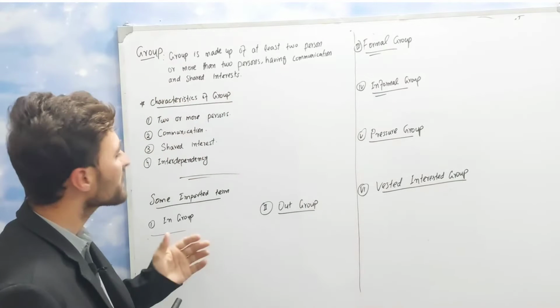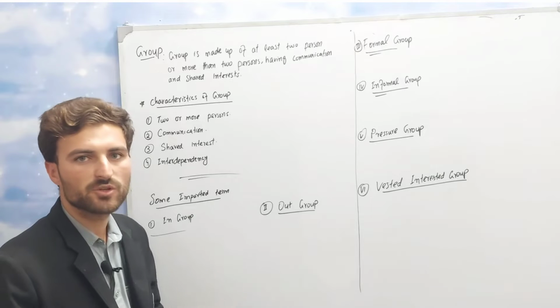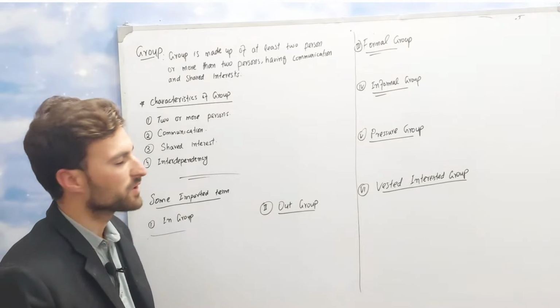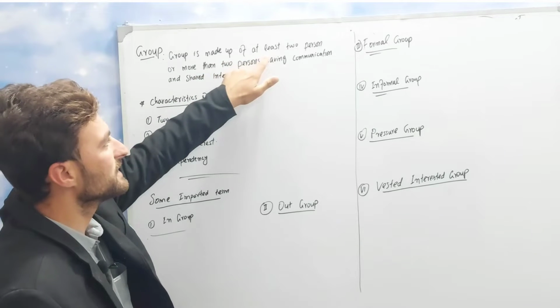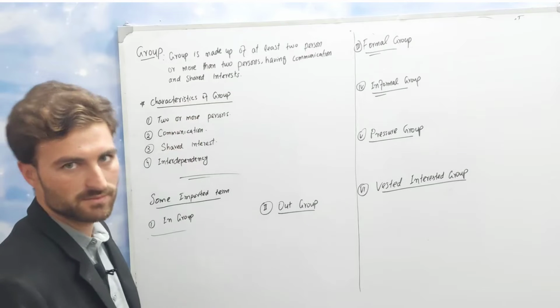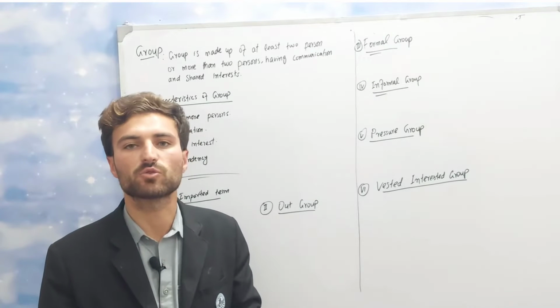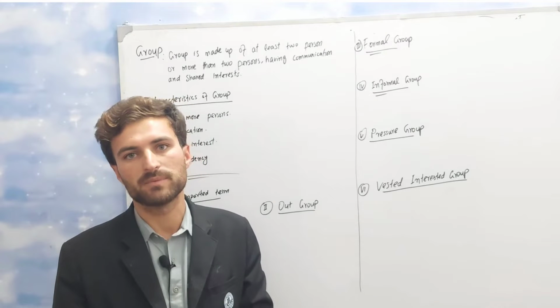First of all, what is a group? If someone asks you what a group is, the best definition you can give is this: a group is made of at least 2 or more than 2 persons. The first condition for a group is the quantity of people.